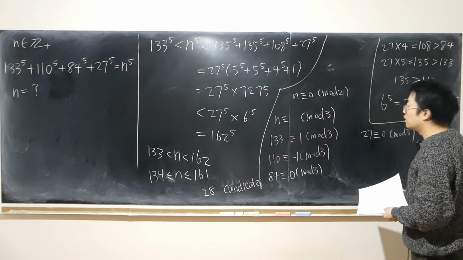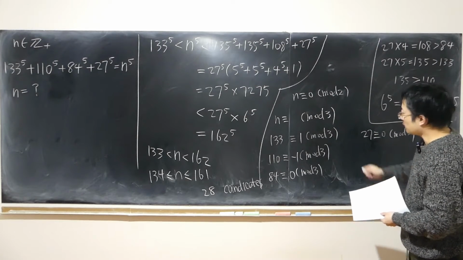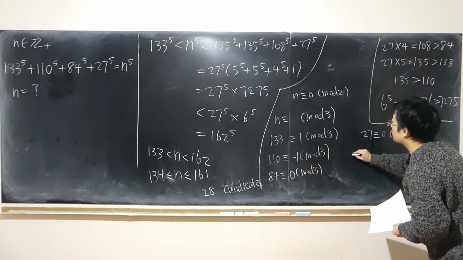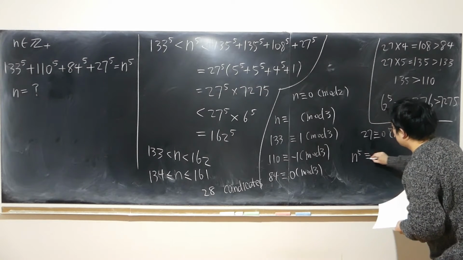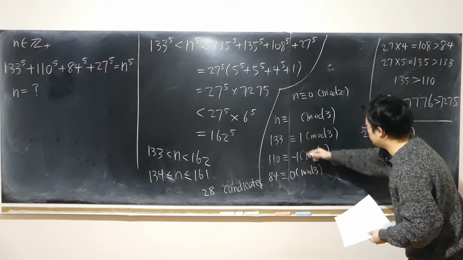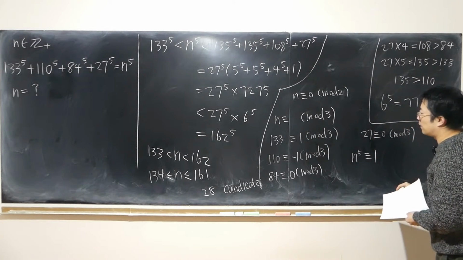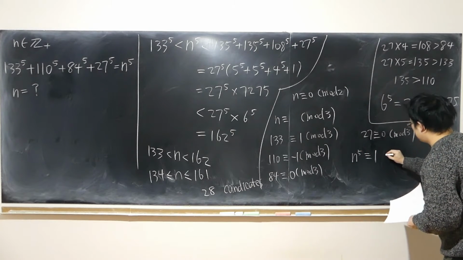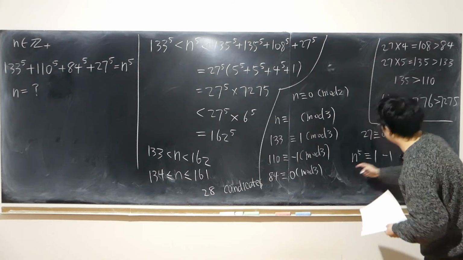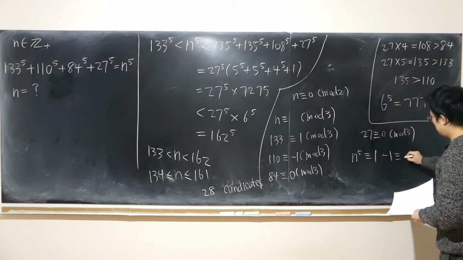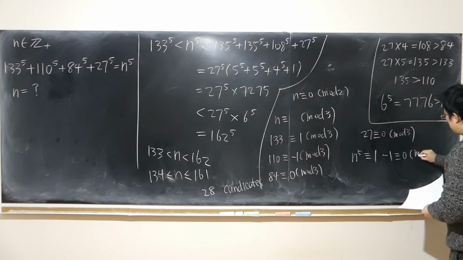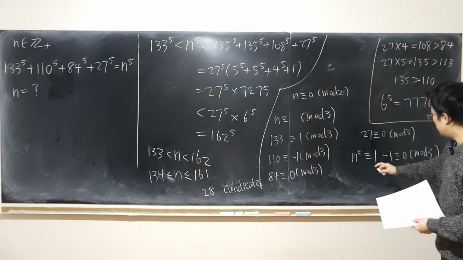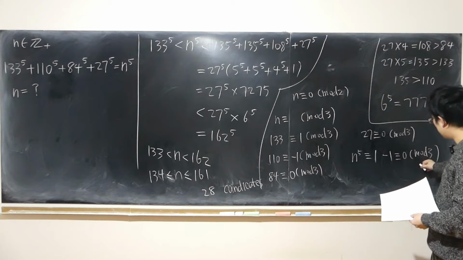So now I can raise to the power of 5. 1 to the power of 5 is still congruent to 1, negative 1 to the power of 5 is still negative 1, and 0, 0, nothing. So mod 3, n to the power of 5 is divisible by 3.